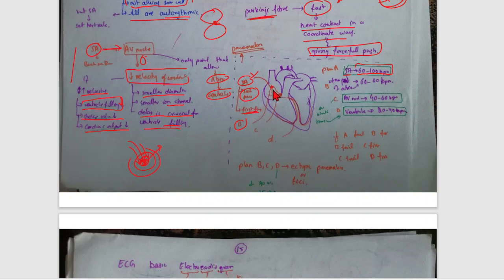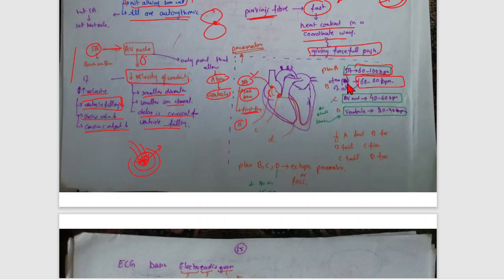If the SA node is not working, what is plan B? Plan B is actually the atrial nodal tract, at 60 to 80 beats per minute.